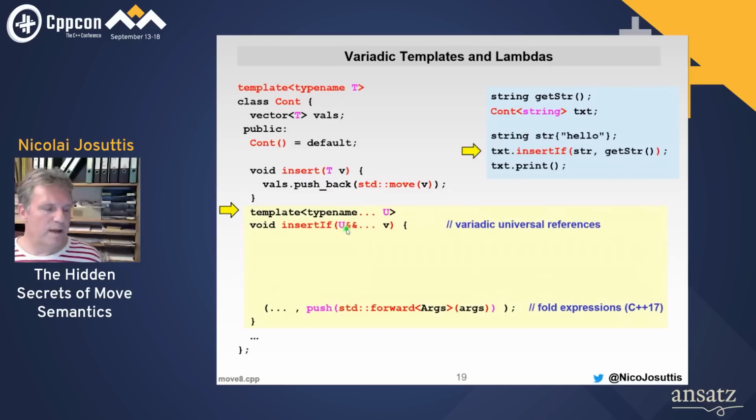And here's a way to forward it. I want for each and every element I pass here, push them into the vector. So I use a helper function push, which I call for each and every argument. And this is a feature of C++17 fold expressions. This is a comma-separated list so that for each argument we call push with the forwarded argument.